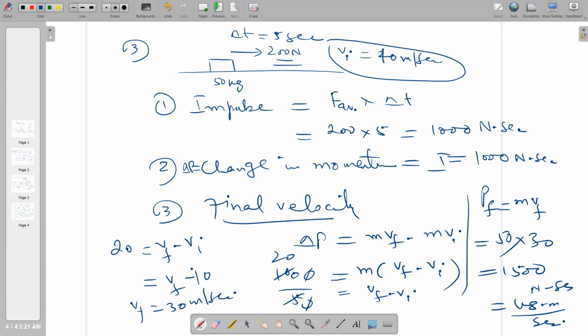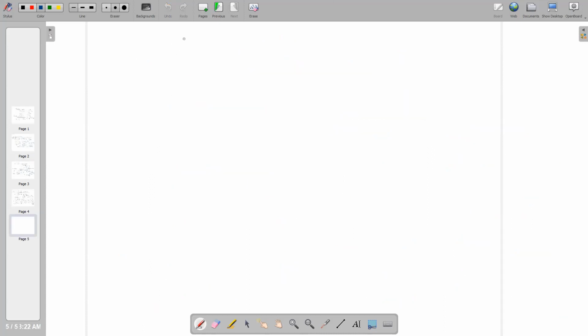So here what I want to explain, the simple formula is this one. You should remember, see here, that delta P is equal to I. One formula is this one. The other formula is I is equal to mvf minus mvi.